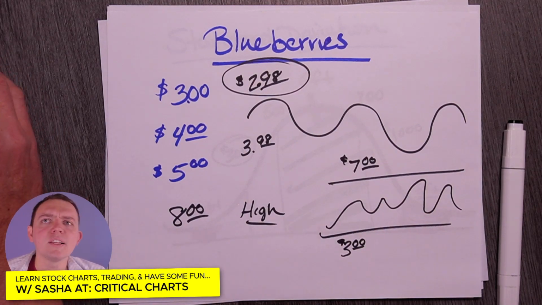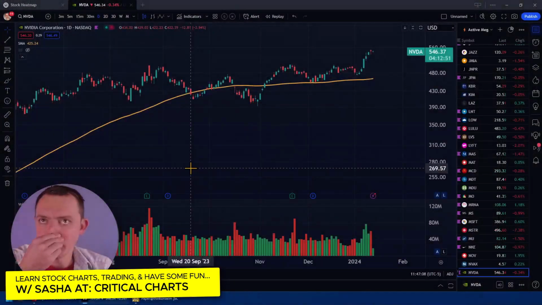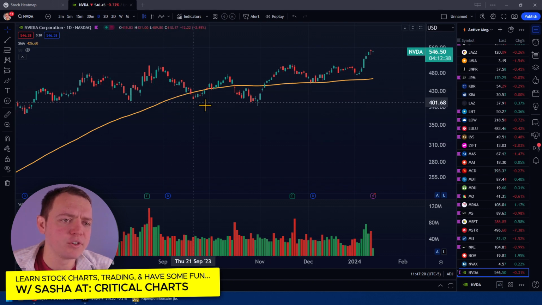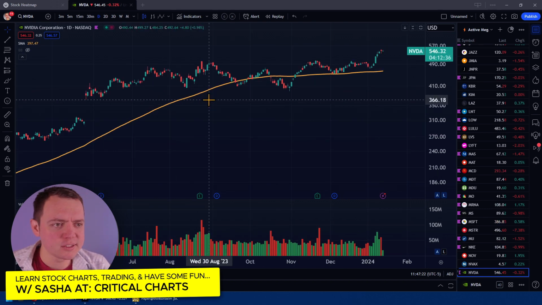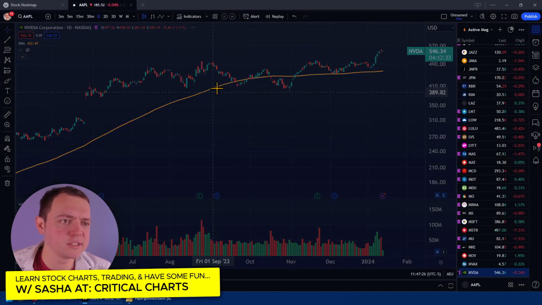Okay, let's take a look at our next step, and we're going to evaluate mean reversion on a stock chart. When we look at a stock chart, and we'll pull this up right here, I'm going to put on a moving average to get a little bit of an understanding of mean reversion. Let's look at Apple for this stock.